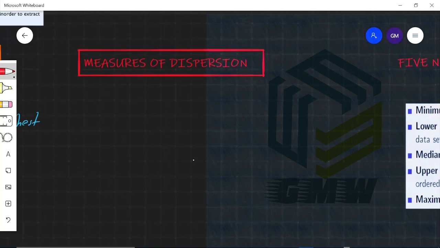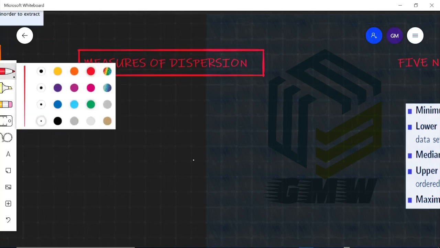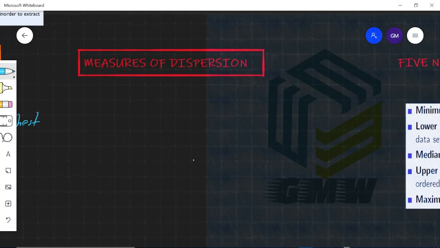On measures of dispersion, we have range, quartile 1, quartile 2, sorry, quartile 3, okay? Interquartile range. Have you seen these things before?